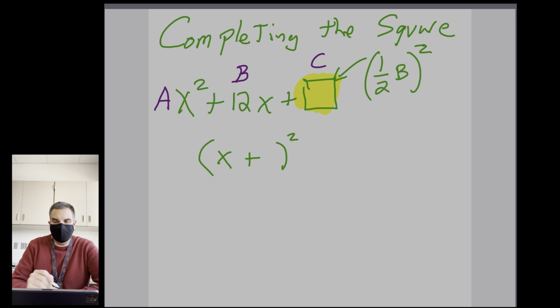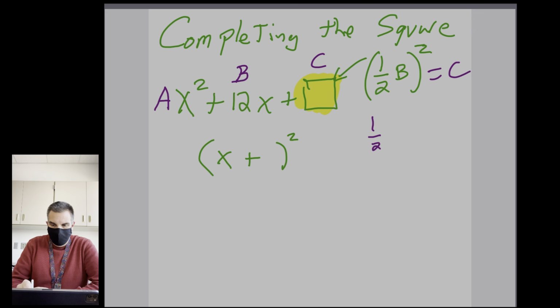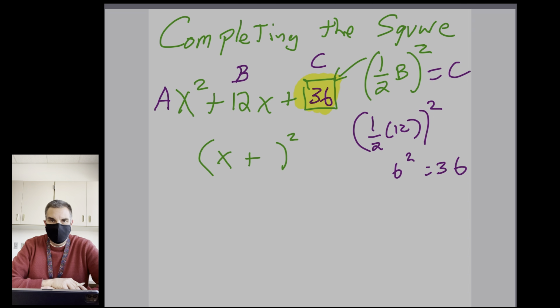This is, in a sense, our c value. So that's going to equal your c value when you're completing the square. So when we complete that square, in this case, that's going to be 1/2 of 12 squared. Half of 12 is 6. 6 squared is 36. So I'm going to put a 36 in that box. That 36 completes the square.